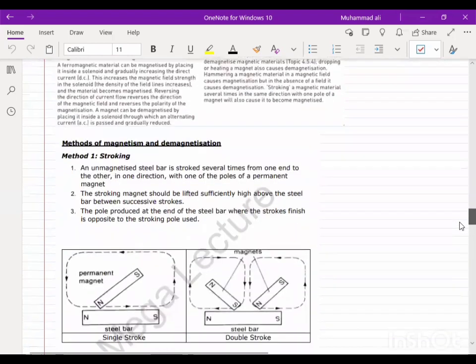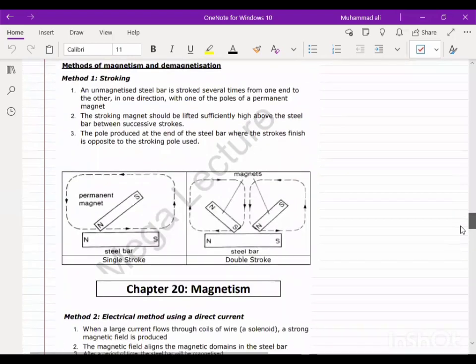And then we have all the methods written here. For example, you have a steel bar and a permanent magnet. You can convert the steel bar to a magnet by stroking. An unmagnetized steel bar is stroked several times from one end to the other, in one direction, with one of the poles of a permanent magnet.